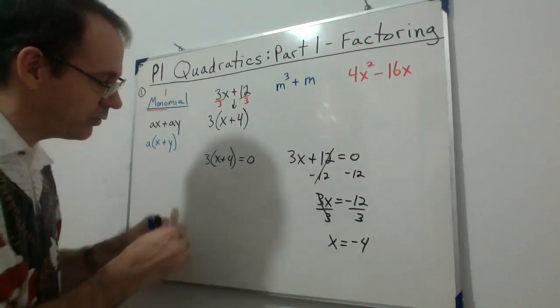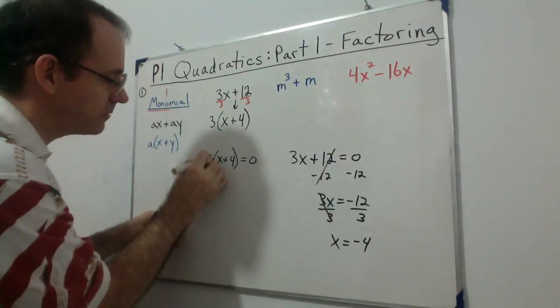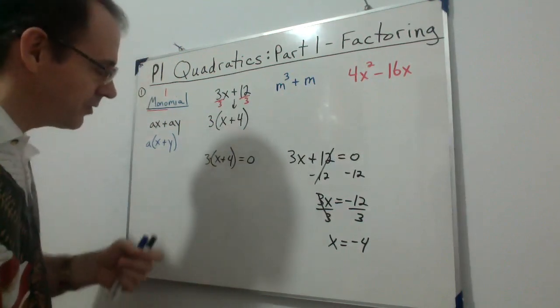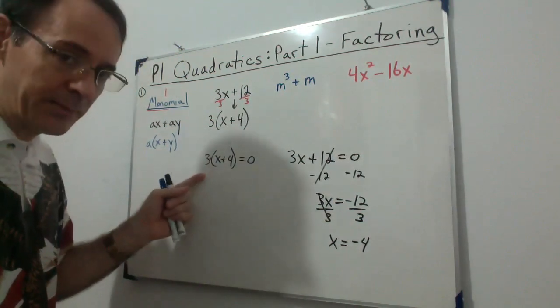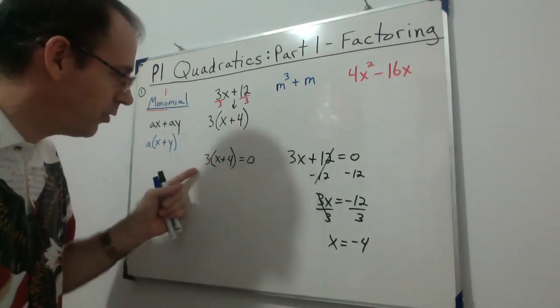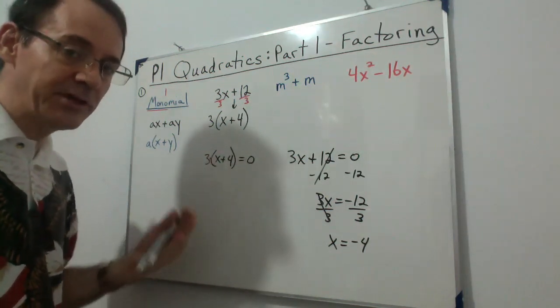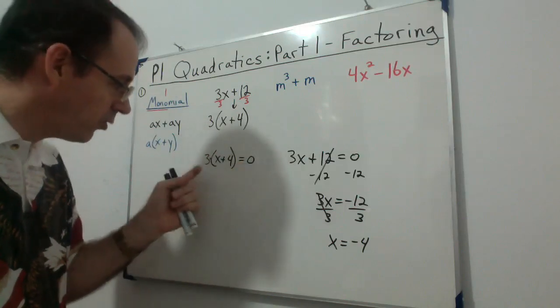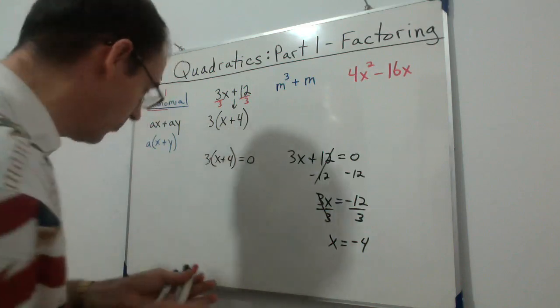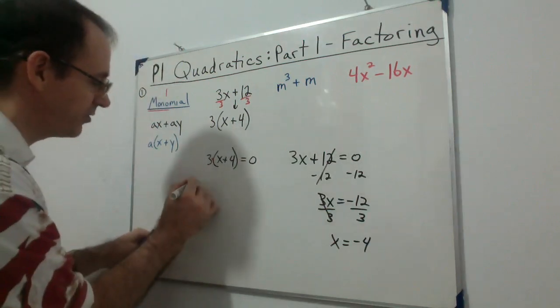And so when you factor, you get what's called the zero product rule. So we get a factor or a product that equals 0. So a 0 product. And the only way that you can get a 0 by multiplying is if one of your factors is 0. So one factor is 3.